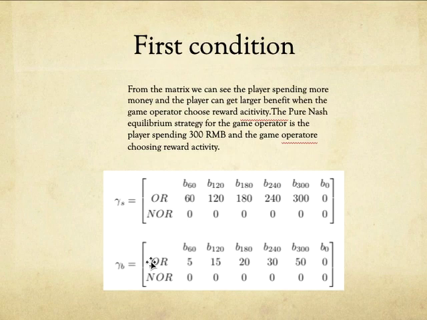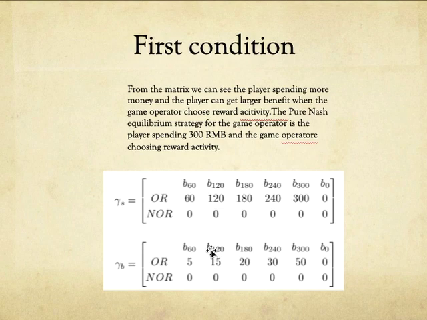But the consumption reward is extra payoff. So like for 60 consumption, he gets 5, which is the lower level item. And if he spends 120, he gets 15, because there are 2 items, which is 1 upper level and 1 lower level, and we add them together, it's 15.